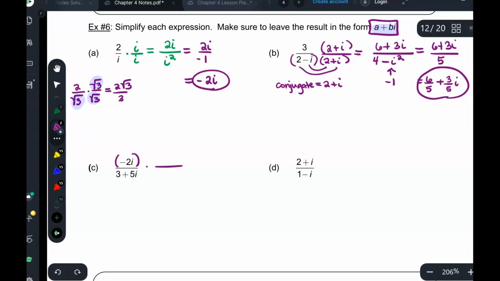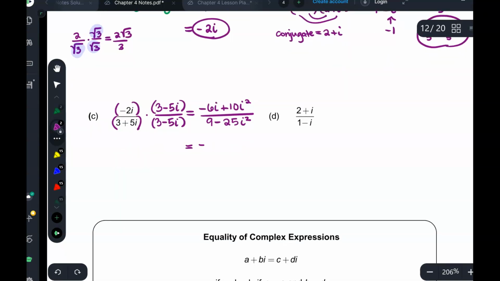So if 3 plus 5i, I'm going to multiply by 3 minus 5i in the top and the bottom. In the top, I'll get -6i plus 10i squared over, I'll get 9 minus 25i squared.